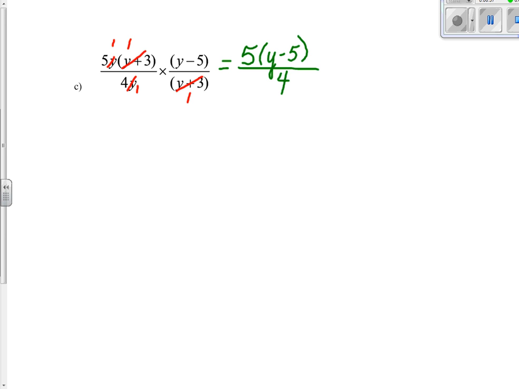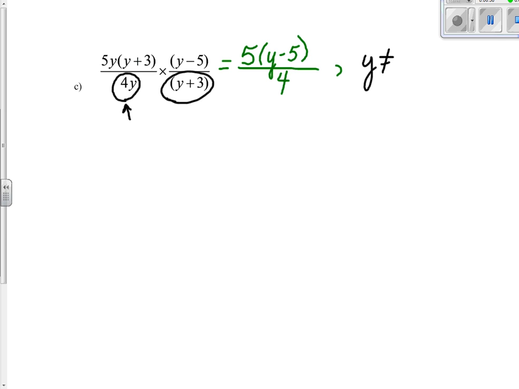But I need to list my restrictions. And the restrictions came before I divided out like factors. That leaves it more clearly what my restrictions are. This can never be 0, nor can that. So if y is 0, this becomes 0, that's a problem.